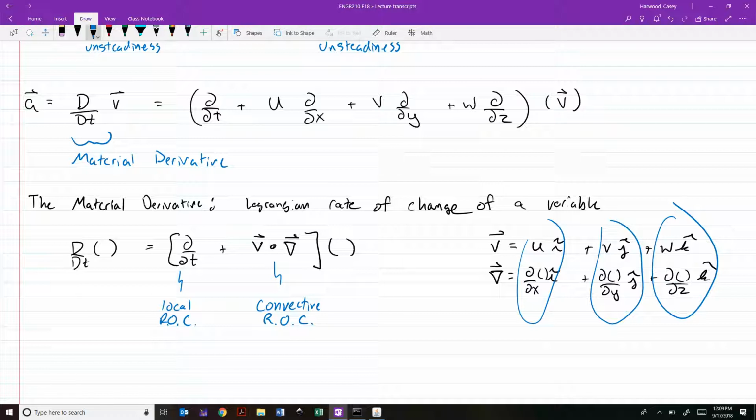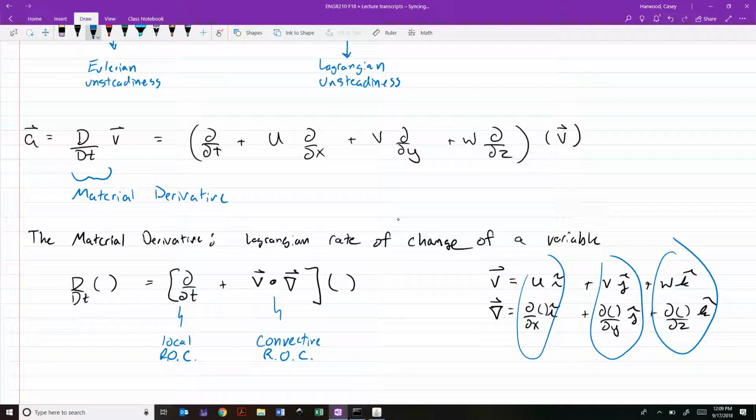So you wouldn't actually need the partial. You're saying that because u, v, and w are functions of x, y, z, and t.